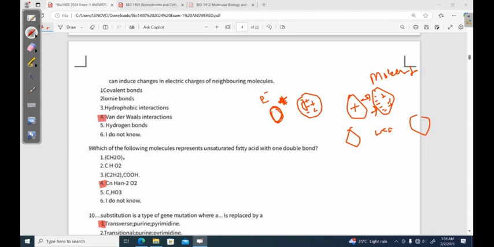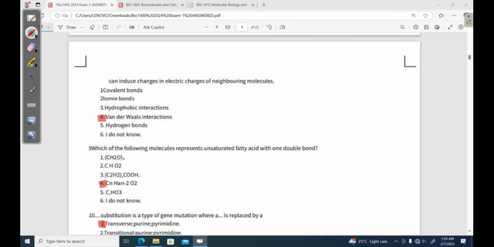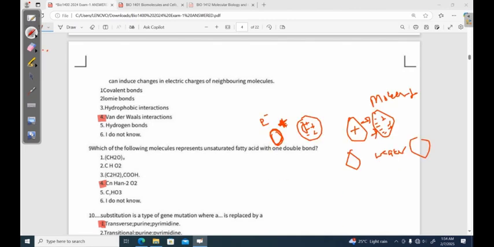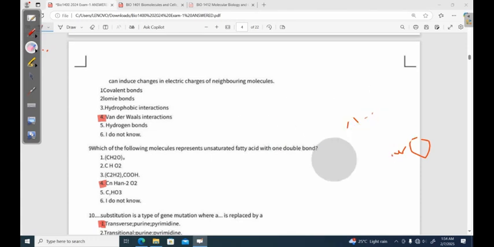Okay, next question. Okay, let's just erase that. Question 9. Which of the following molecules represents the unsaturated fatty acids? Okay, so what you need to know is that this actually has a formula.